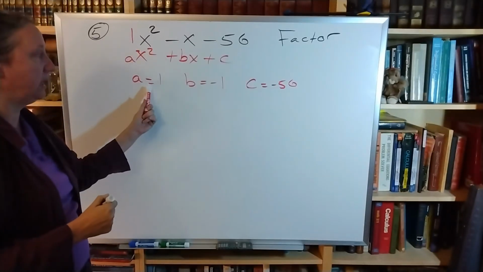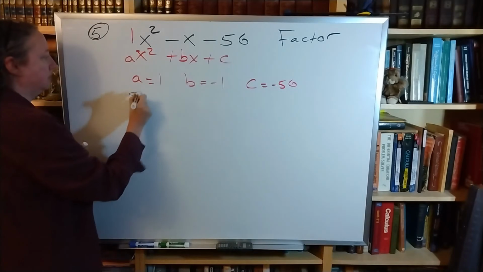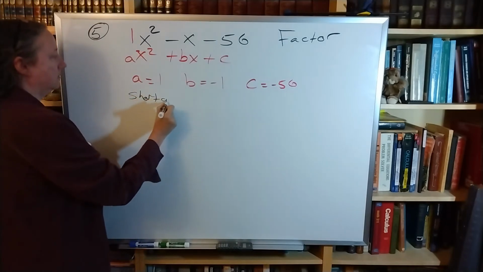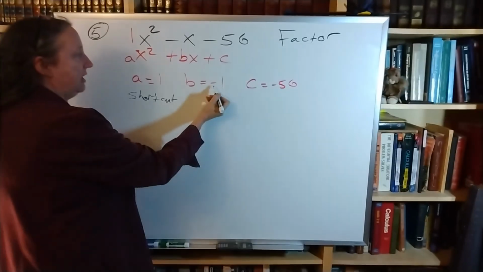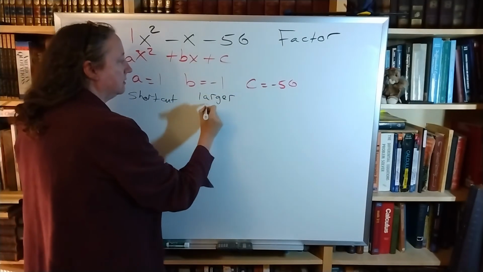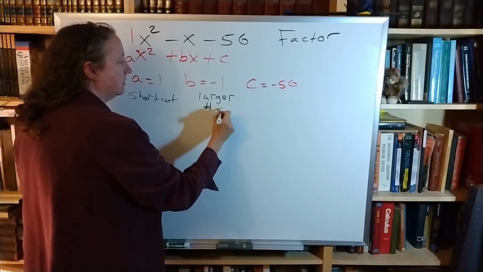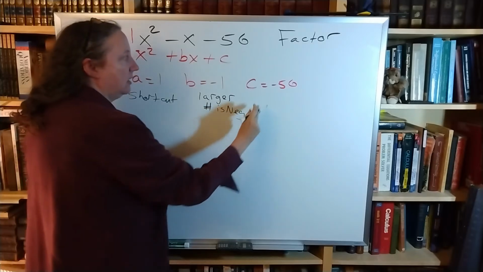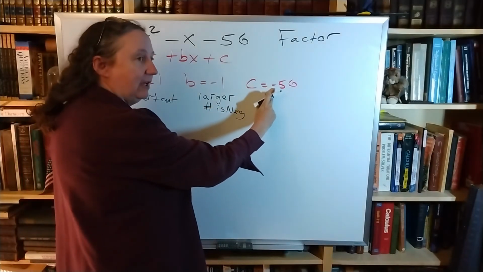So because this is 1, I can use my shortcut. Because this is negative, I know my larger number is negative. Because this is negative, I know that my signs are different.